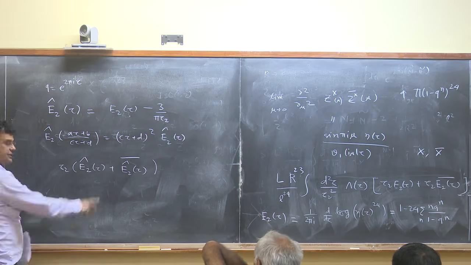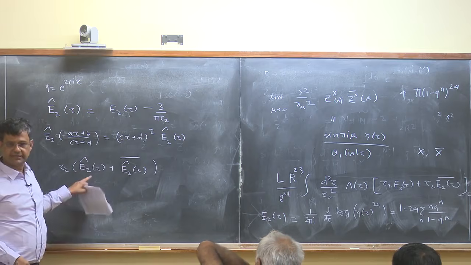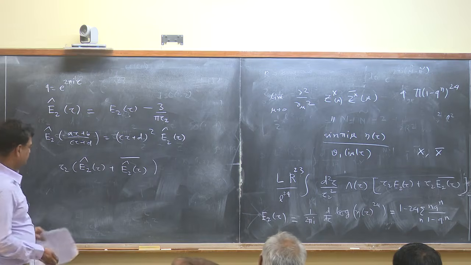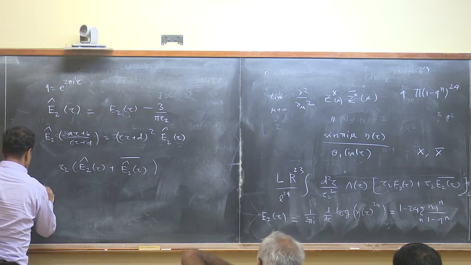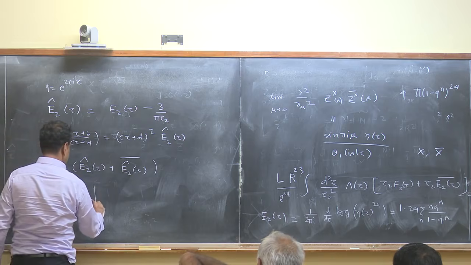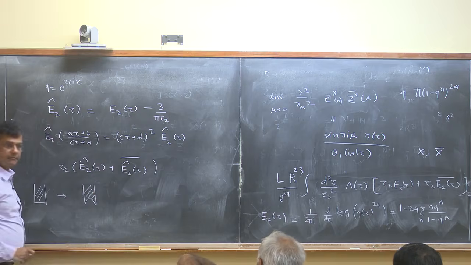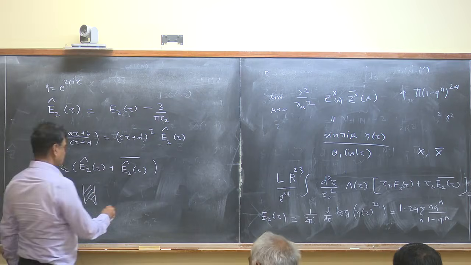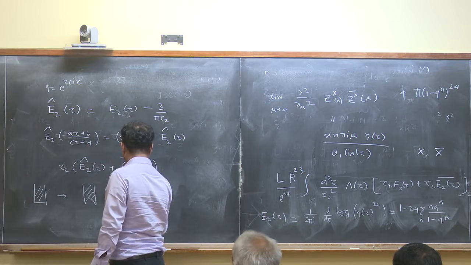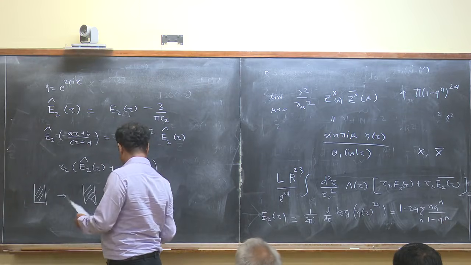But this is not modular invariant as it stands, right? This has nice modular properties. But we know that this can be mapped to this by elements of the SL2Z group which belong to gamma infinity.